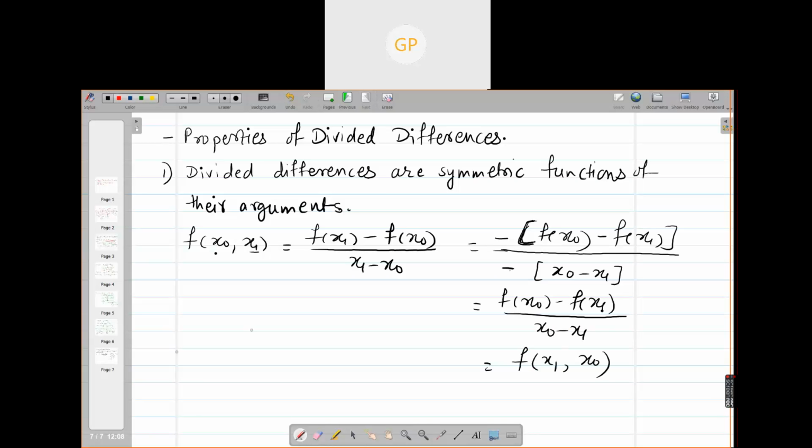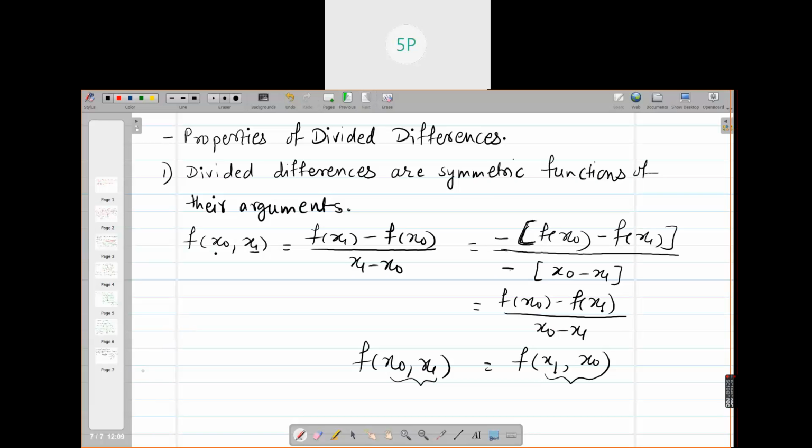So you had started with f[x0, x1], which is the same as f[x1, x0]. So order is not important. It is independent of the order of the arguments, right? Have you understood it?